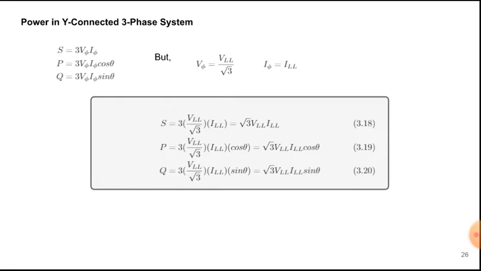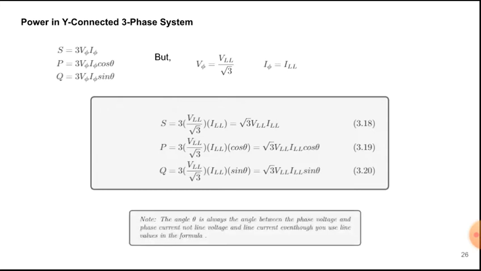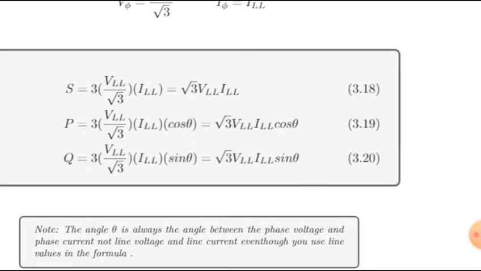For the real power, if we substitute again, our formula will also become square root of 3 times the line values times cosine theta, and also the Q, or the reactive power. And note that the angle theta here, even though we converted into line-to-line values, is not the angle between the line values.